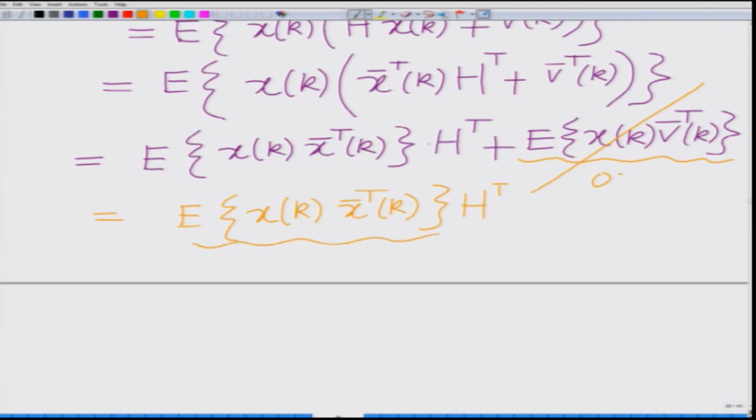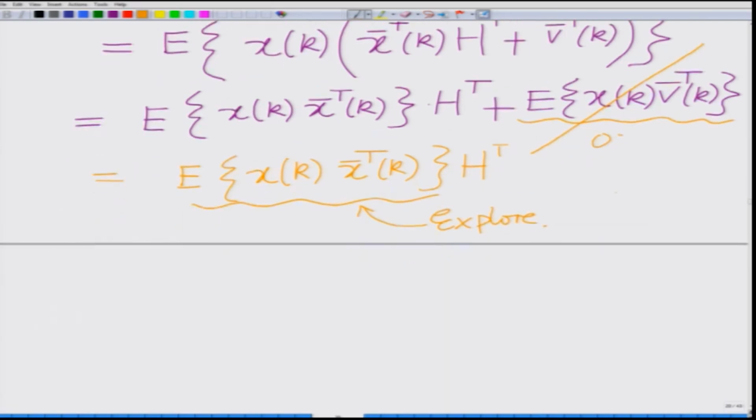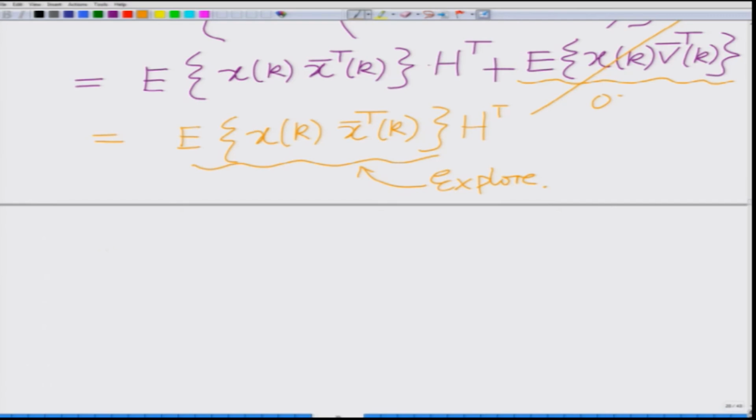Now, let us explore this quantity, expected value of x k into x bar transpose k.